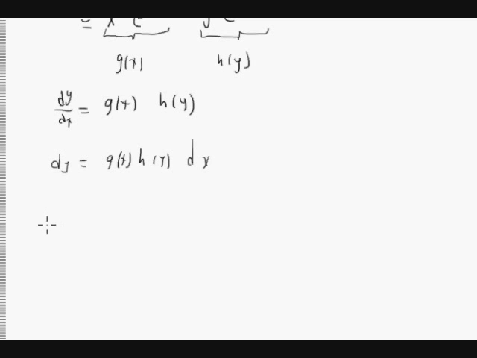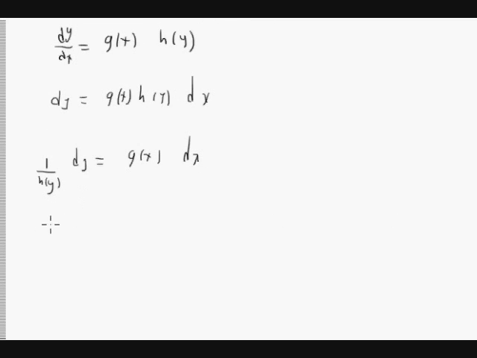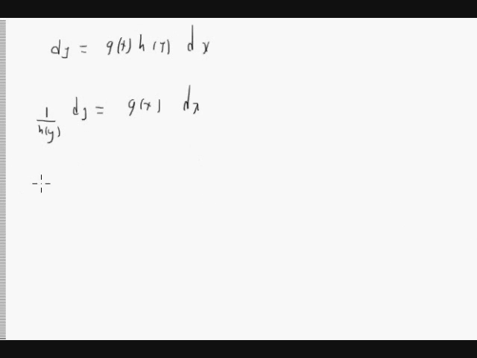and what we're going to end up with is 1 over h(y) times dy is equal to g(x) dx. And now if I want to solve this differential equation that I began with, it becomes a rather naive exercise in integration.